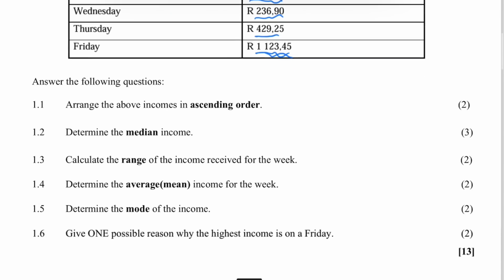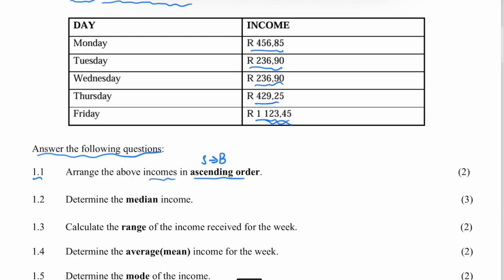1,123.45. Right. Now it says, in 1.1, arrange the above incomes in ascending order. Guys, ascending order is starting from a small number to a big one. So when we number these in ascending order, let's look for the small number.